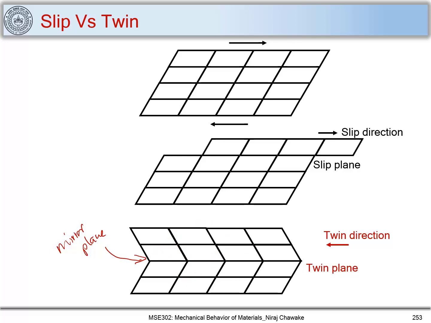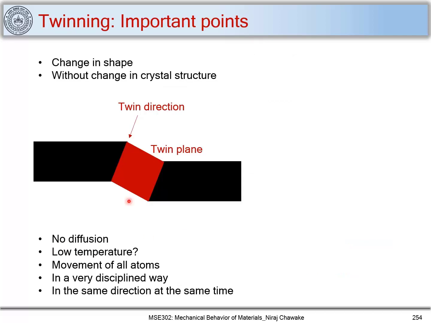Now let's look at twinning in more detail. So we have a shape change, and that is associated without change in any crystal structure. So let's say you have this parent crystal and this parent crystal, and in between when you apply a shear stress, the twinning will occur along a certain direction. We have seen that as a twin direction, and we have considered that plane on which the twinning starts. We call it a twin plane, or the twin plane is a plane between the parent and the twinned region.